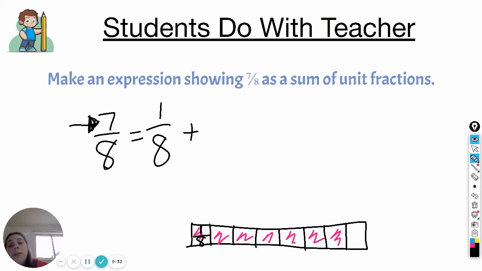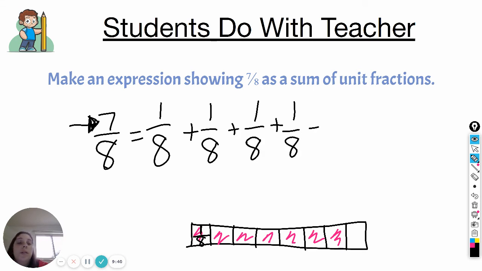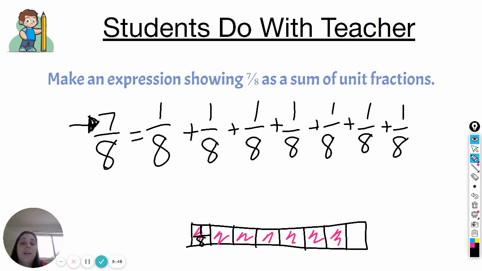So 1/8 plus 1/8, that's 2, plus 1/8, that's 3, plus 1/8, that's 4, plus 1/8, that's 5, plus 1/8, that's 6, plus 1/8, that's 7. So to get 7/8, we just add up 1/8 7 times.